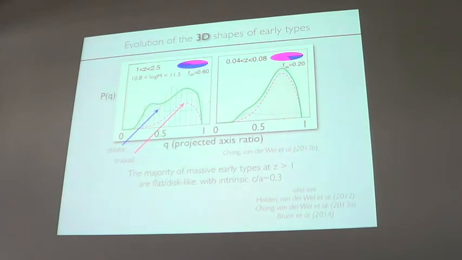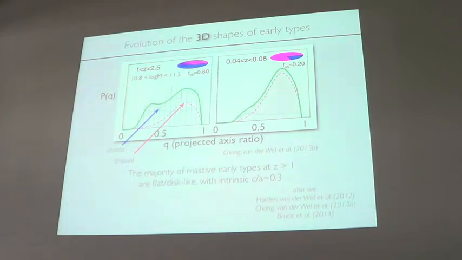Sorry, you said that the oblate population goes down. But this is a probability distribution. It could just as well be that the triaxial population goes way up, because the shape of those curves is exactly the same. By number density, yes. So to interpret this, we would need to look at the evolution of the number density. Exactly, and we have a discussion on that in the paper.